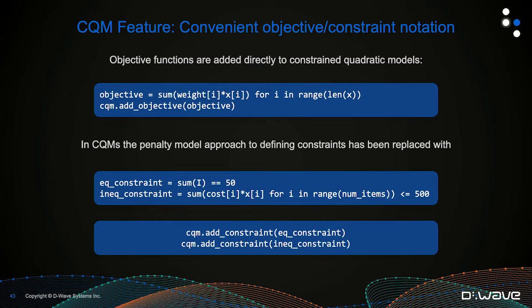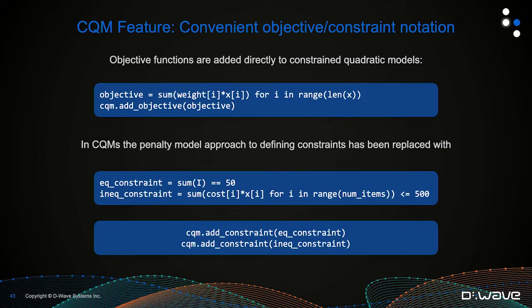That's that new, more intuitive way of constructing objectives and constraints. In these examples, the x's refer to a list of binary variables, and in the constraint section, the capital I is going to refer to a list of integer variables.